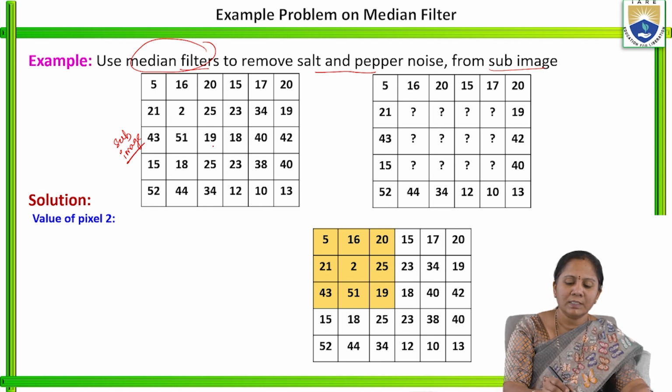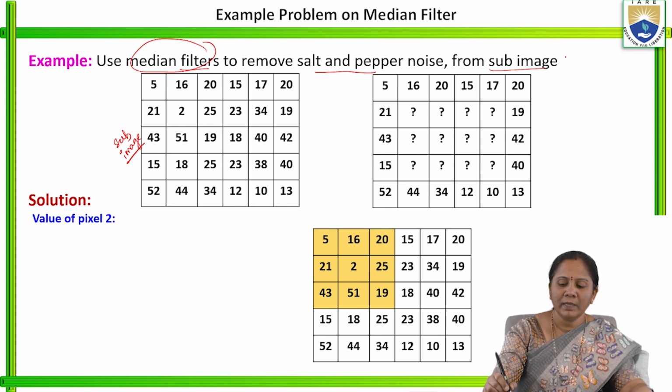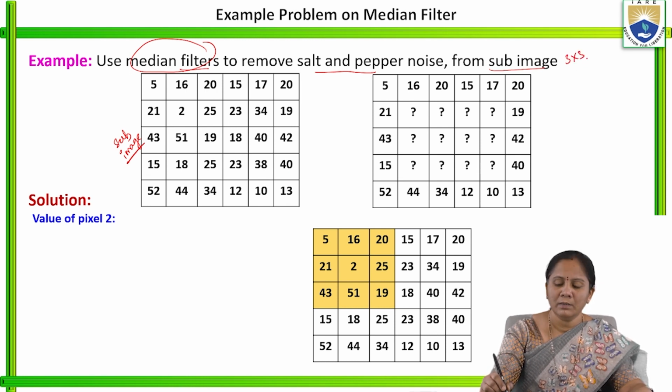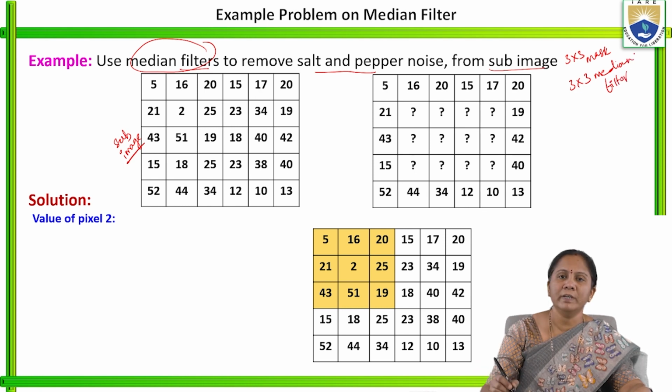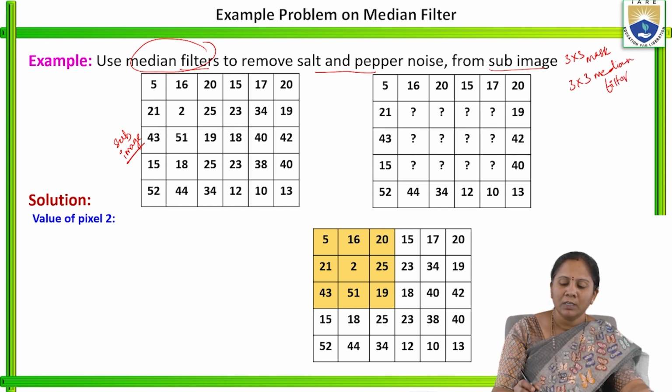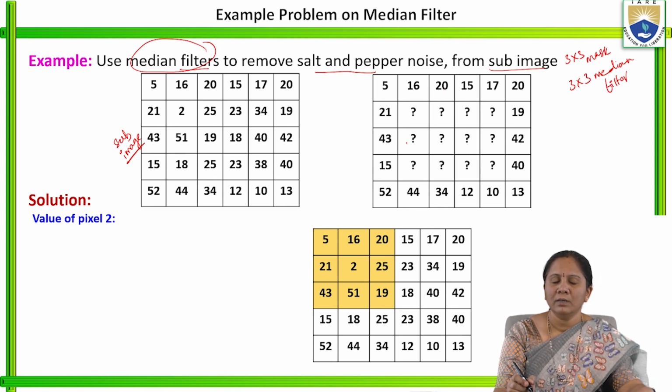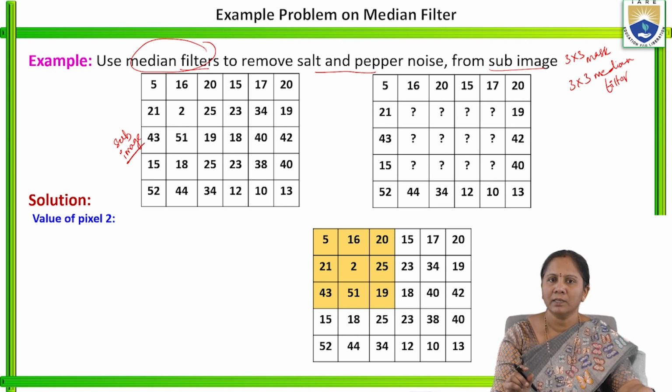Here is the given sub image, and let us apply a 3 by 3 median filter. If we apply a 3 by 3 median filter, whatever pixel value is at the center is the only one that can be modified.